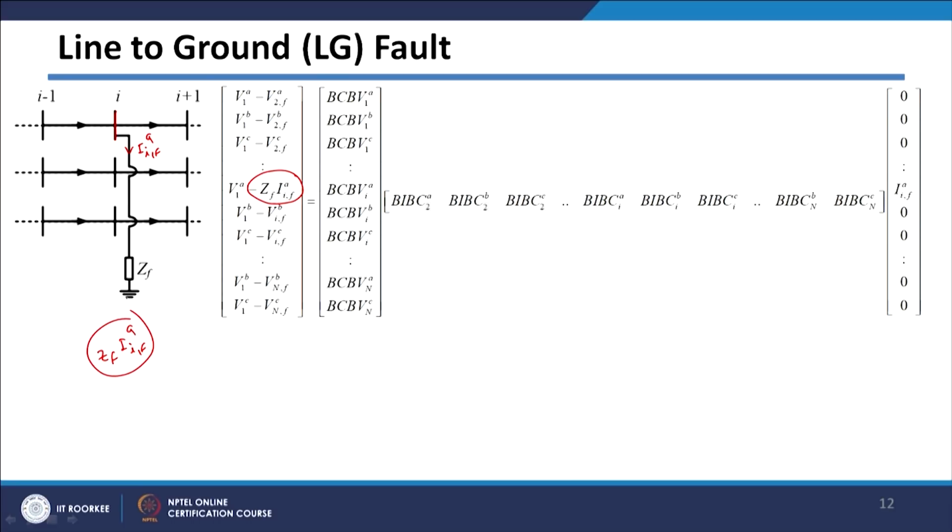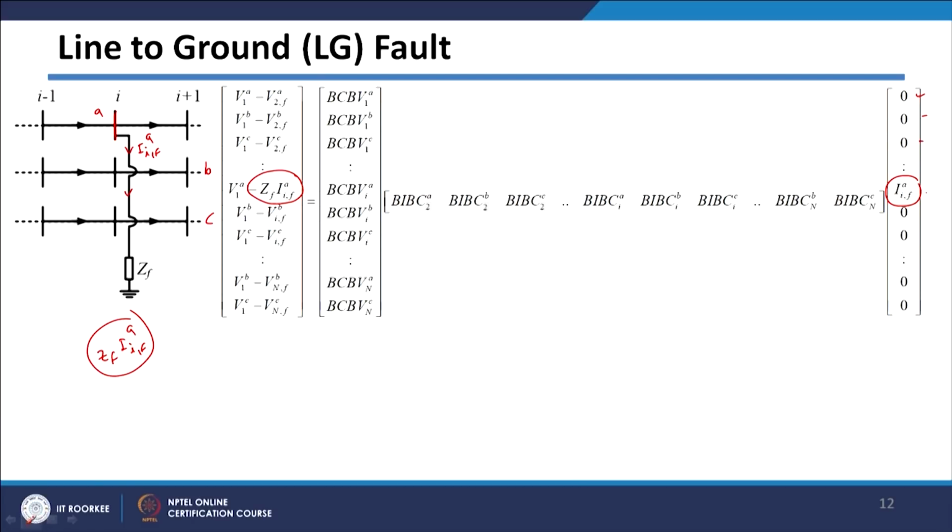So the voltage of the ith bus of A phase, these are A, B, C phases, will be given by ZF multiplied by the fault current in A phase of the ith bus. And here, as I told you, only one entry will exist because all the other currents will be negligible compared to the fault currents. All the load currents I have considered 0, that I already explained.